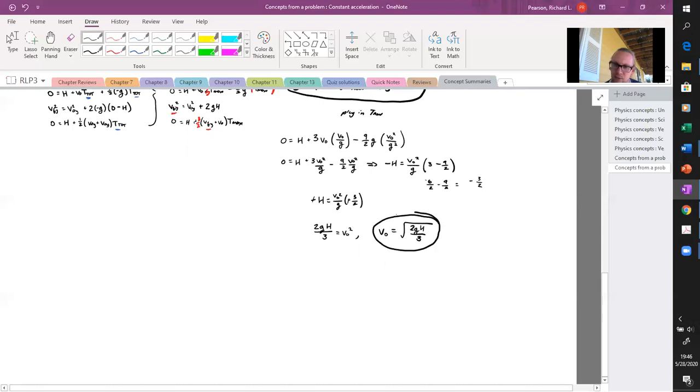And that is the relationship between our v naught and the height at which we start, right? So another way to write this would be v naught is equal to 2/3 g times h, all to the 1/2.